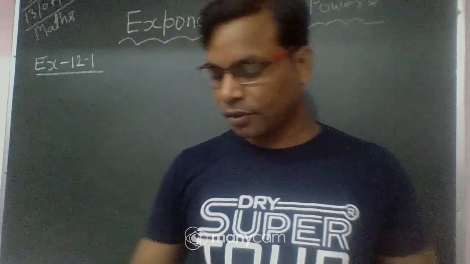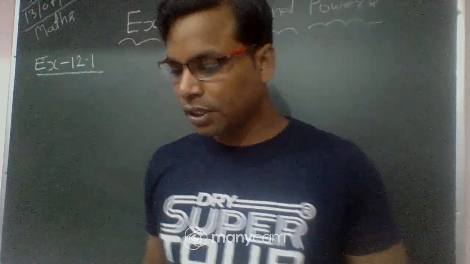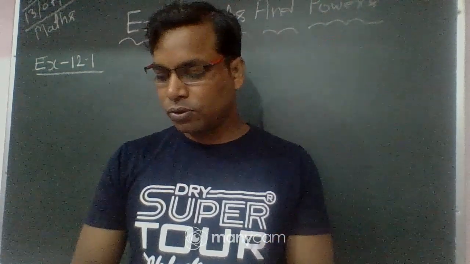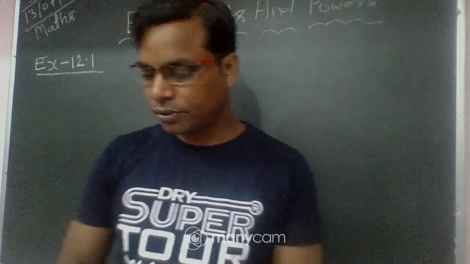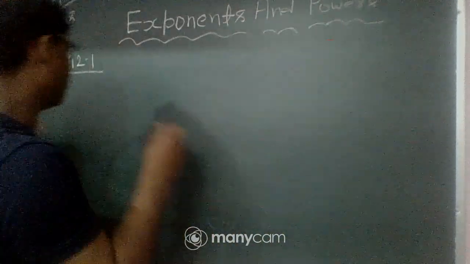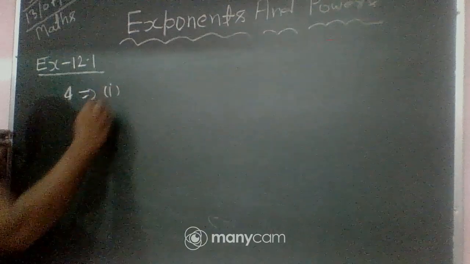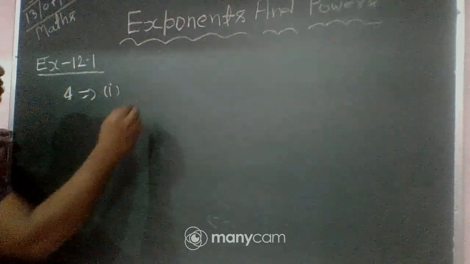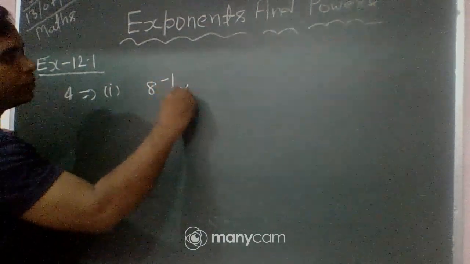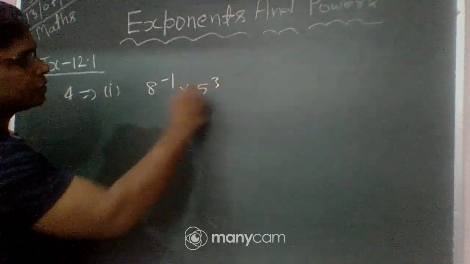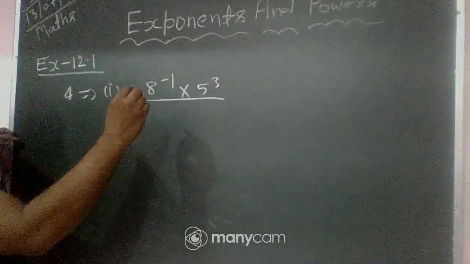So let's see what question number 4 is. Evaluate 8 power minus 1 into 5 power minus 3 divided by 2 power minus 4.